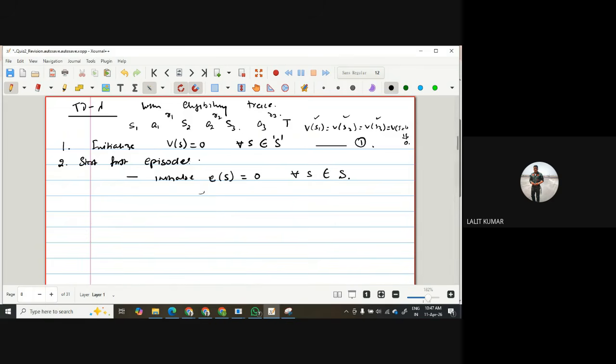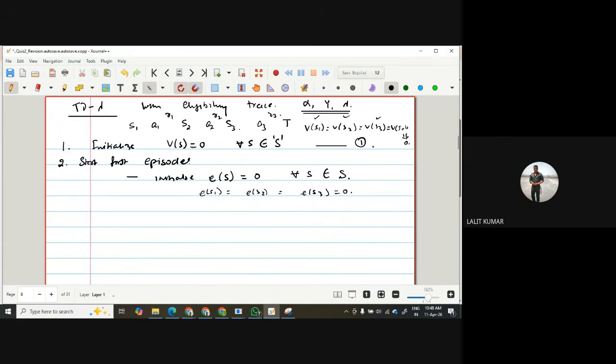Here E(S1) equals E(S2) equals E(S3) equals 0. In eligibility, we have certain parameters: learning rate, discount rate, and lambda, which is the TD lambda.